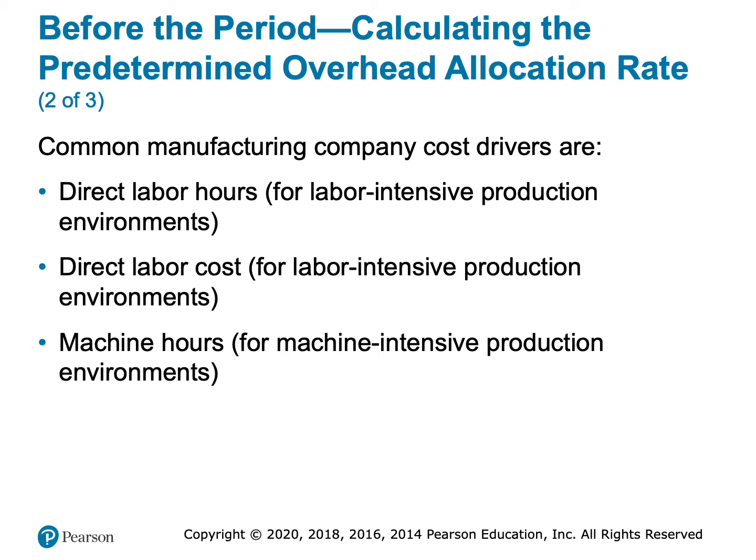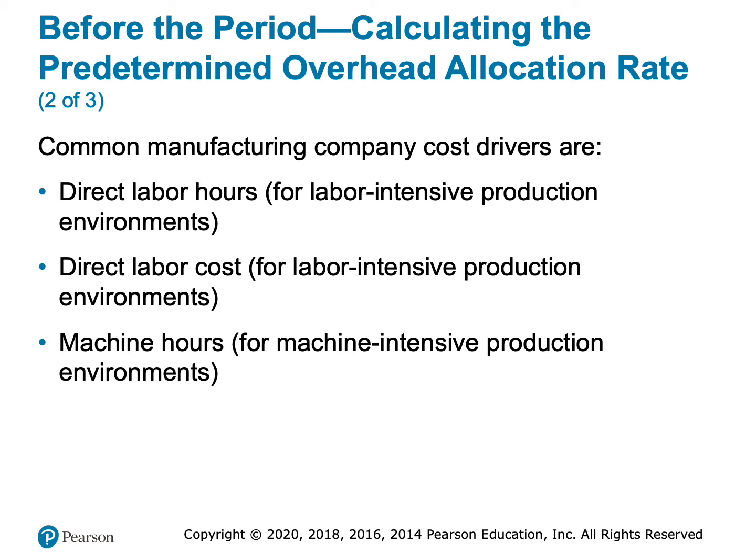If it's a more labor-intensive process, meaning it requires more man hours, more hands-on hours, if you will, then we might say direct labor hours is the best way to allocate this overhead, meaning the longer it takes our employees to work on this job, the more of the overhead costs they're using up, so the more overhead we should allocate to their job. Now, if it takes specialized labor, then we might decide that direct labor cost is the best way to do it.